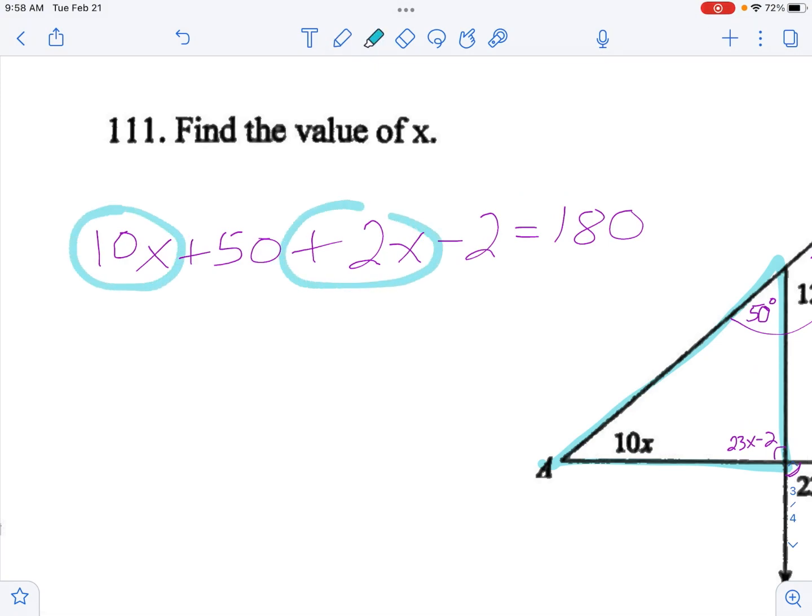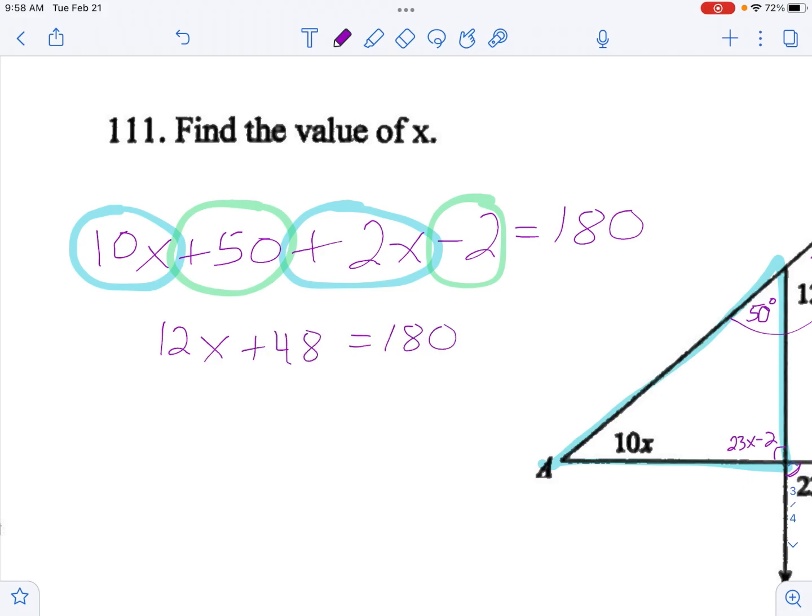I've got a 10x and I've got a positive 2x. So that's going to give me a 12x. Then 50 minus 2 would be my other like terms. So 50 minus 2 would give me a positive 48 equals 180.